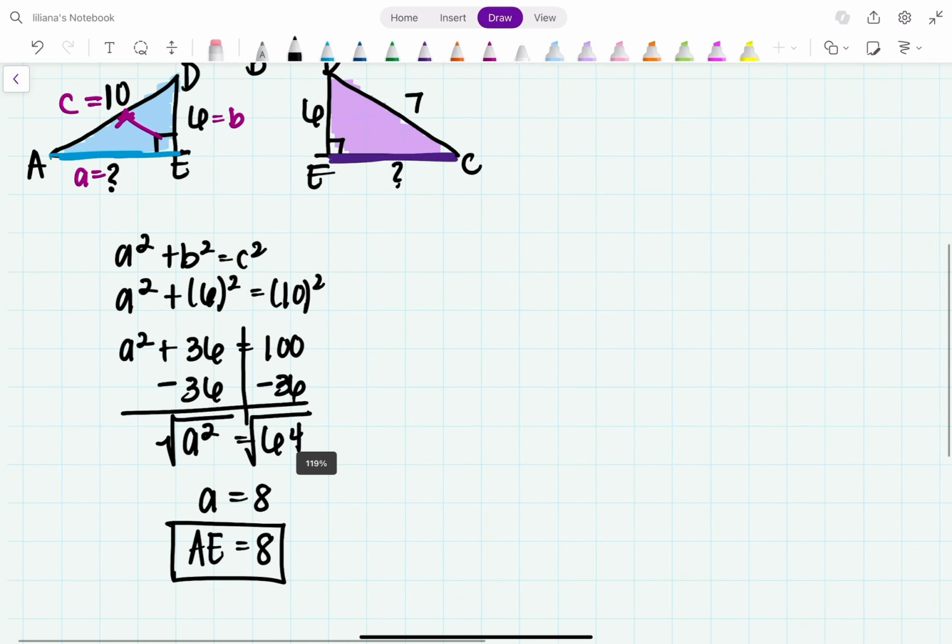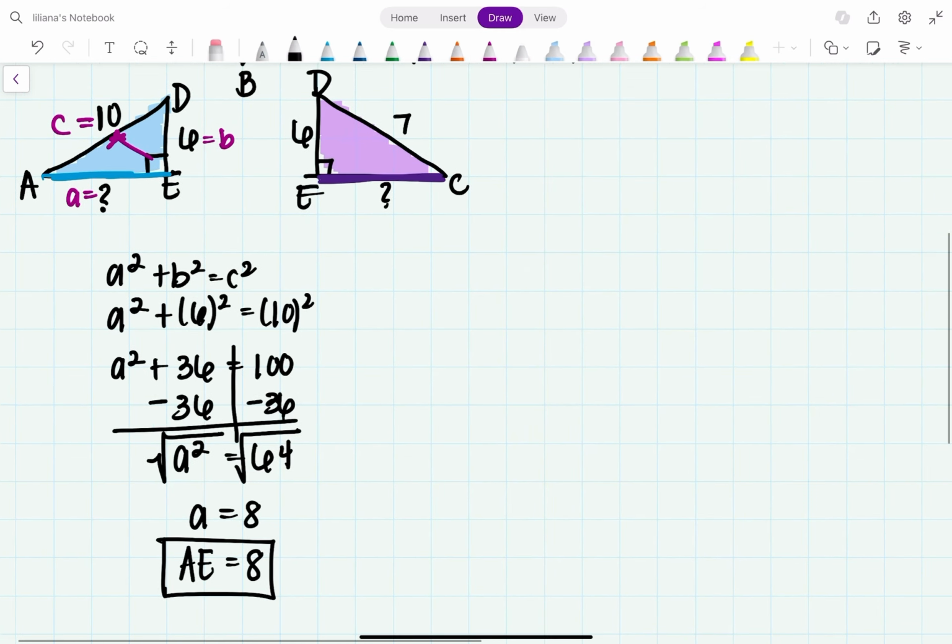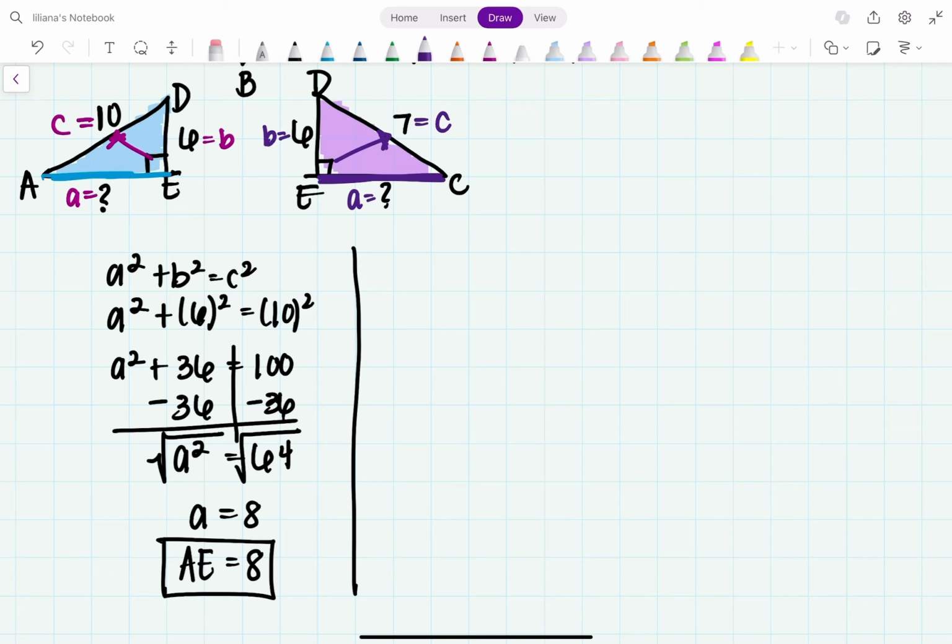Let's do the same process on the next one, and I'm going to do that in purple. On this one here, we have 7 to be C. We'll say that this is also A, and this here is B. So that's going to be the format of A squared plus 6 squared is equal to 7 squared.